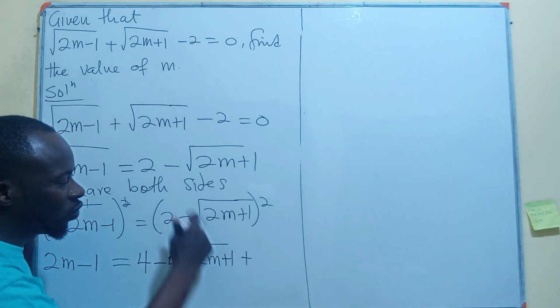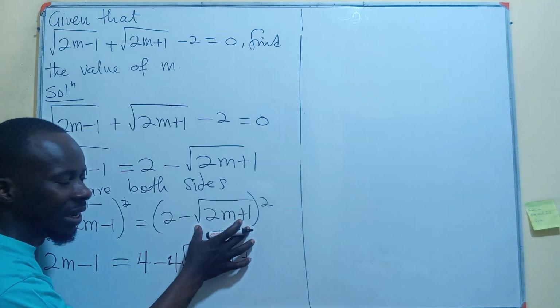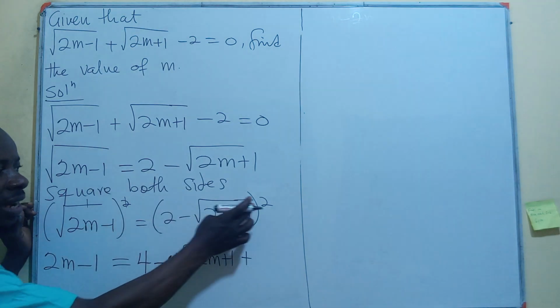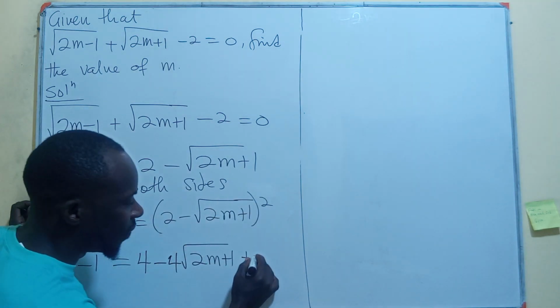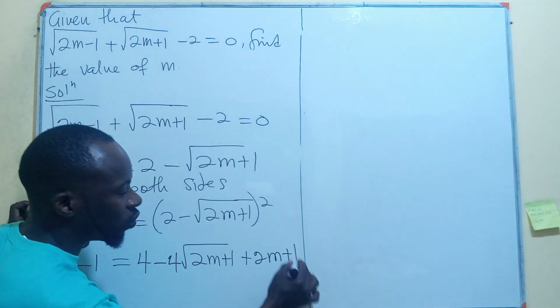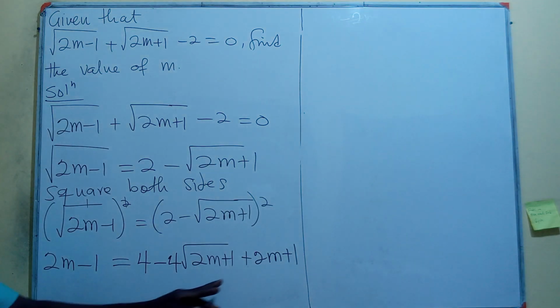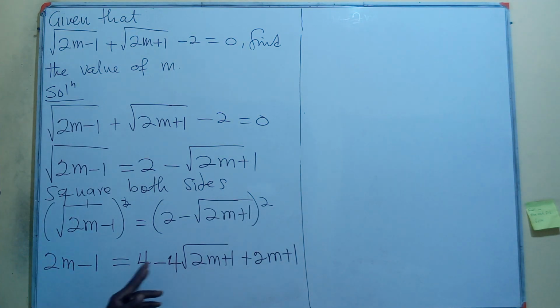Then plus, we square the last, meaning we are squaring this bracket, just like we did here. The square will cancel the square root, giving rise to 2m plus 1. So now we can see these terms are free. We can bring them to the left, or we can still compute them the way they are.